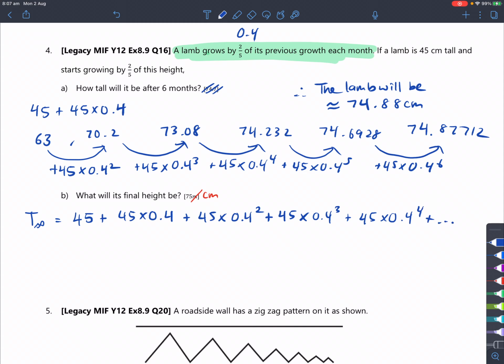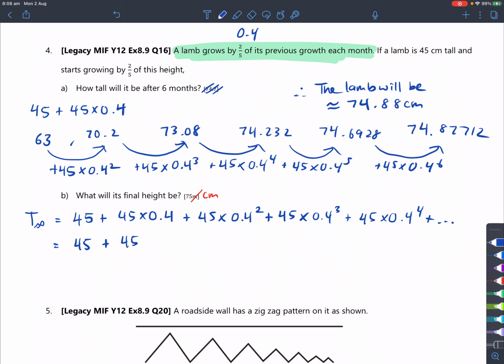Now, the thing that we have to do now is we have to sum all this. The starting value is 45. We're going to leave it as it is. But we can see over here that this can factorize.